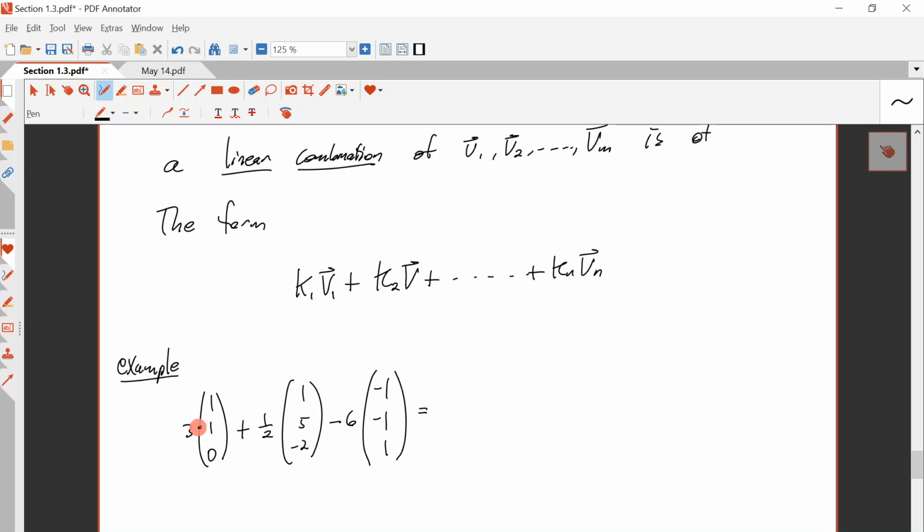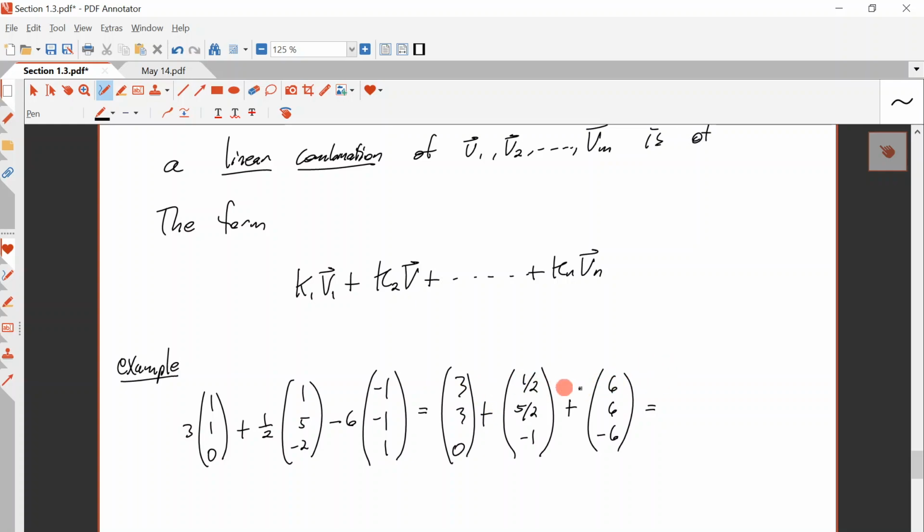So first you do the scalar multiplication: (3, 3, 0) plus (1/2, 5/2, -1) plus (6, 6, -6). And that's going to be equal to 3 plus 1/2 plus 6.